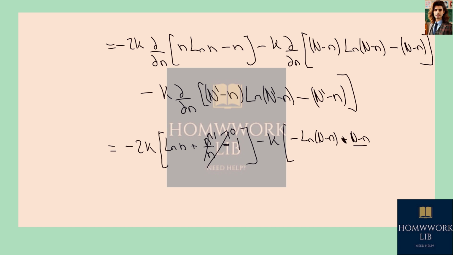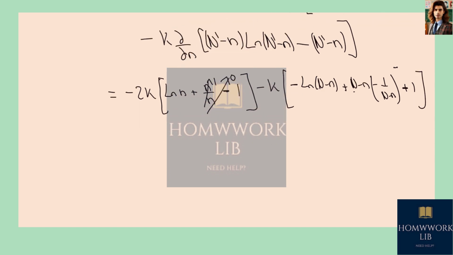Actually, let's make it more direct. Just plus n minus n multiplied by minus 1 over n minus n. Minus 1, which is going to be plus 1 over here, the last derivative. And the next factor is going to look exactly the same, but with n prime.